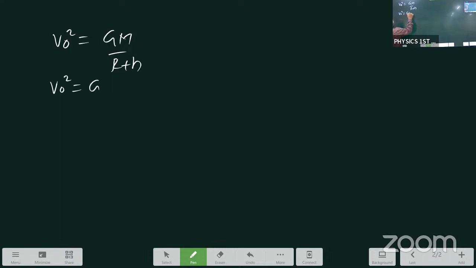VO square equals G M by R, because here we are neglecting small h.